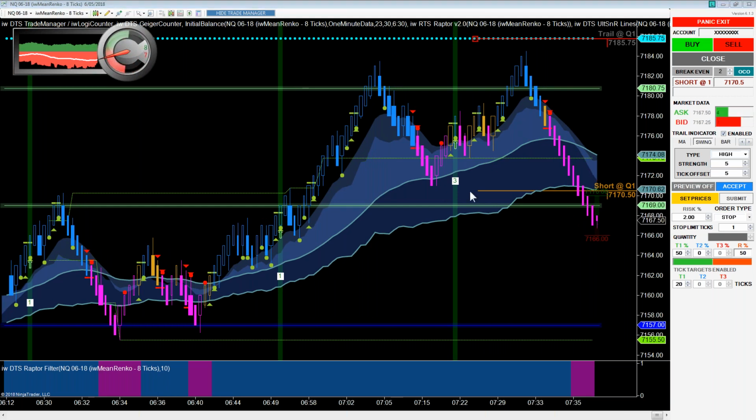But after waiting all morning, we may finally see some sort of move here. Dare I hope? We got to stay below the support line right here.